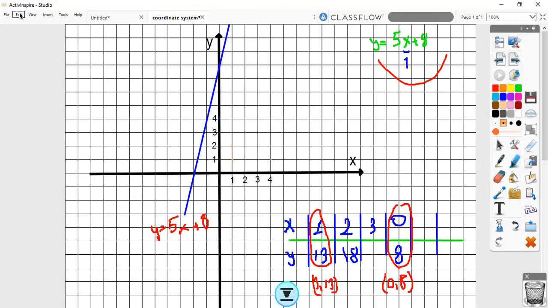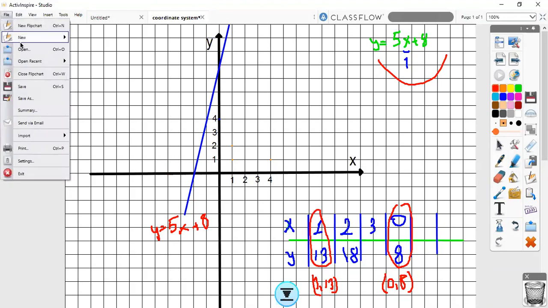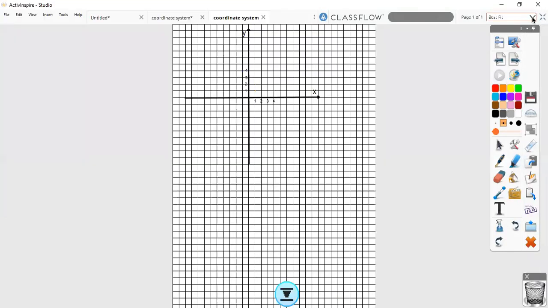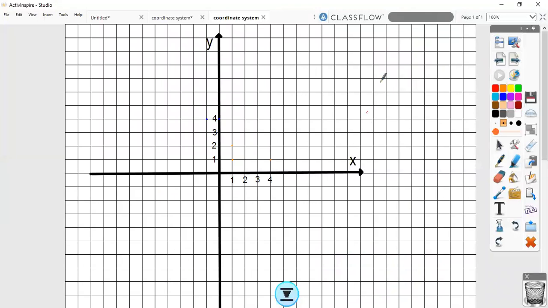Now let's draw the horizontal and vertical line graphs. Let's say we have the line y is equal to 4, and the line x is equal to minus 2. For y is equal to 4, I am going to go over the y-axis and find 4: 1, 2, 3, 4.